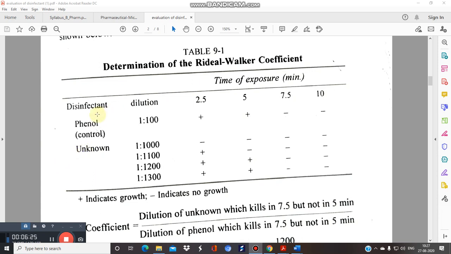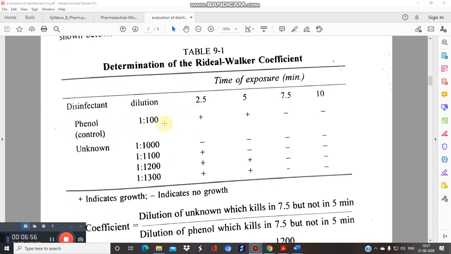Yes, of course, we need a dilution, and for the phenol, dilution used is 1:100, suppose. And suppose you have used different dilutions for your test disinfectant like 1:1000, 1:1100, 1:1200 and 1:1300. Okay, so you have prepared four dilutions of your unknown, or you can say test disinfectant, and here you will take a standard dilution of 1:100 of phenol. Now see this.